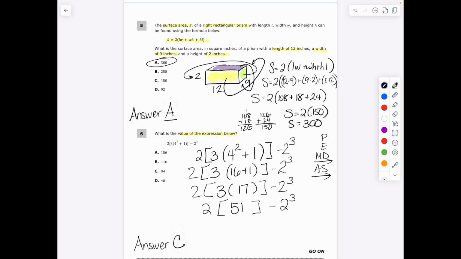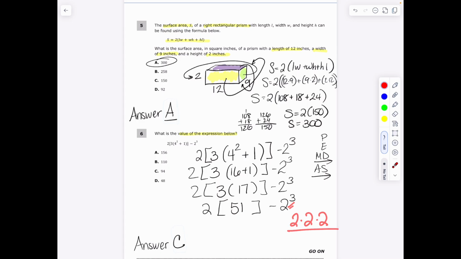Okay. Let's deal with that other exponent, because now that I've done a lot with what was in parentheses, I want to deal with that exponent, 2 to the third power. So again, this does not mean 2 times 6. A lot of kids just go, it's multiplying, it's 2 times 6. This is just a quick way of showing repeated multiplication.